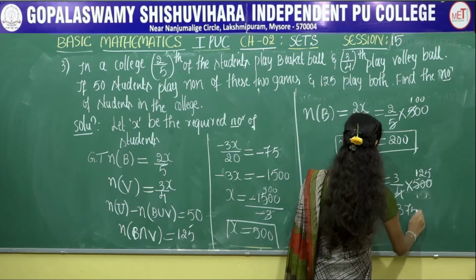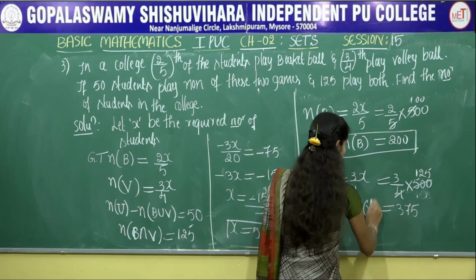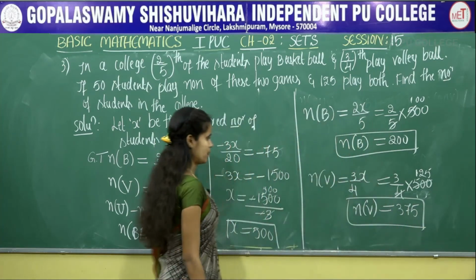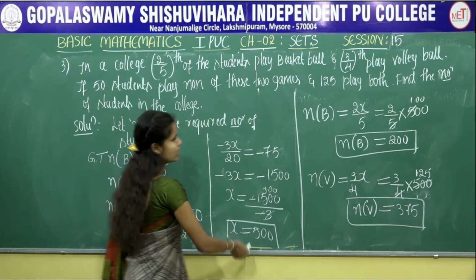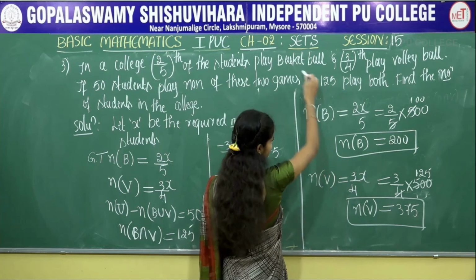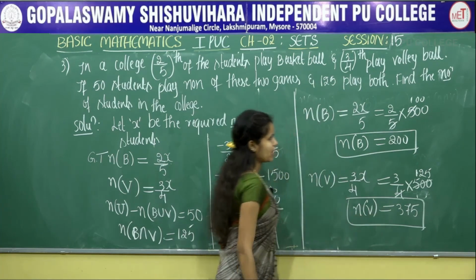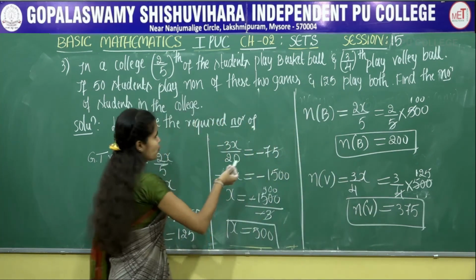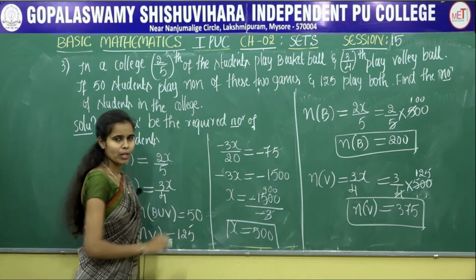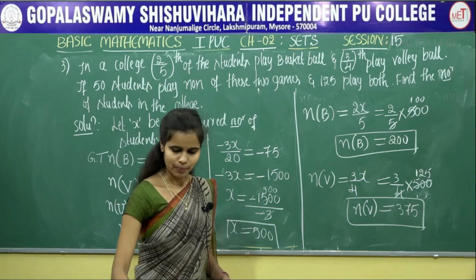So that is 375. n of V is equal to 375. Okay. Out of 500 students, 200 students play basketball and 375 play volleyball and 125 play both. And 50 students do not play any one of the games.